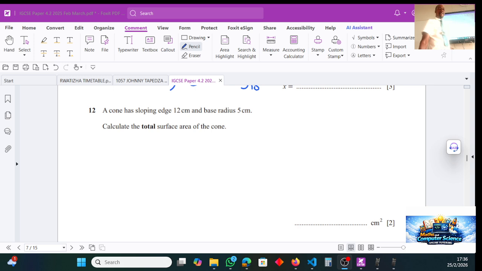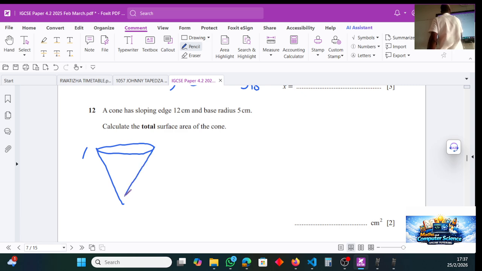Let's see. We're given a problem here. Our interest is to calculate the total surface area. If I can put a simple picture of a cone, it's a shape like that, where we have a slanting or sloping edge, we call it L, and the radius, the circular part here, which is R. Now, if we're interested in the total surface area, we have a formula.